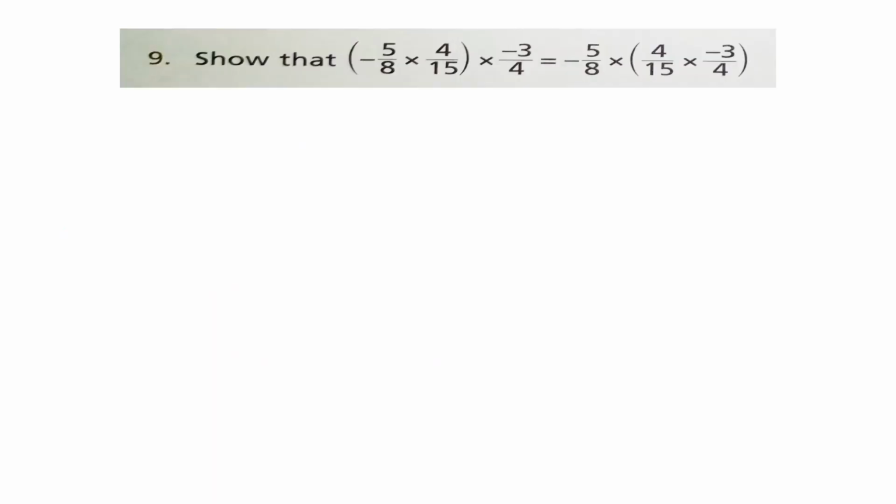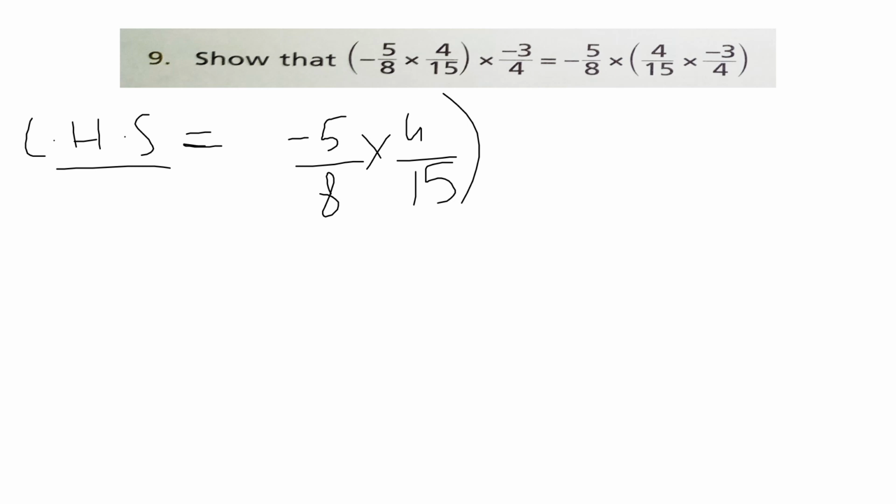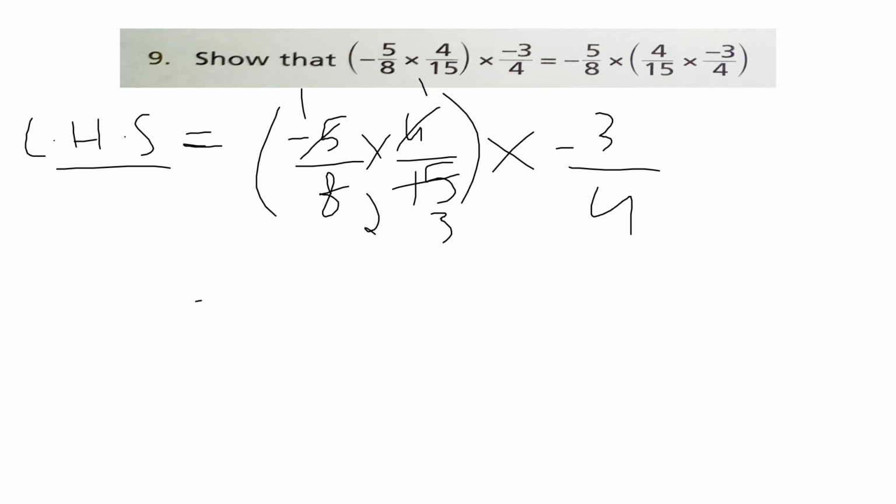In this question we have to prove that the left hand side is equal to the right hand side. So first we will take the left hand side, which is minus 5 by 8 multiplied by 4 by 15 multiplied by minus 3 by 4. 5 1s are 5, 5 3s are 15, 4 1s are 4, 4 2s are 8. So we have got minus 1 by 6 here multiplied by minus 3 by 4.